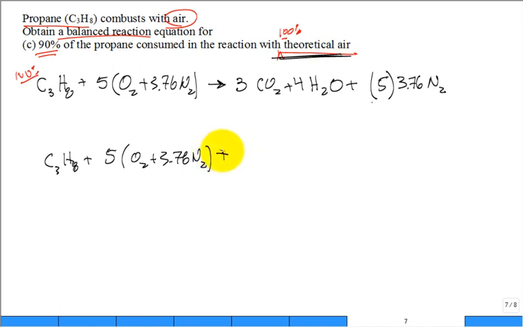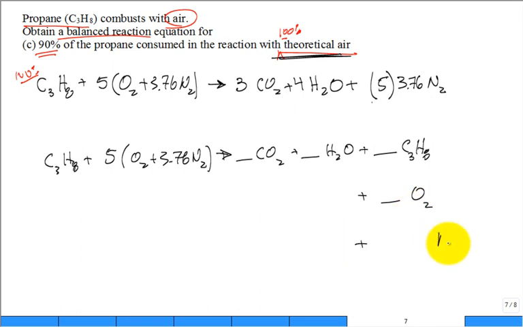But what we have is some unknown CO2, some unknown H2O, some unknown C3H8. Isn't there going to be some leftover fuel? Will there be some leftover oxygen? And there's nitrogen going for the ride. I'm going to pause and walk around. I want you to help fill these in.